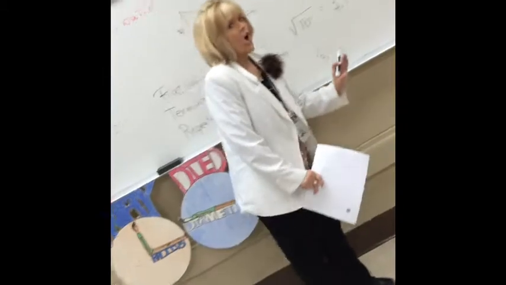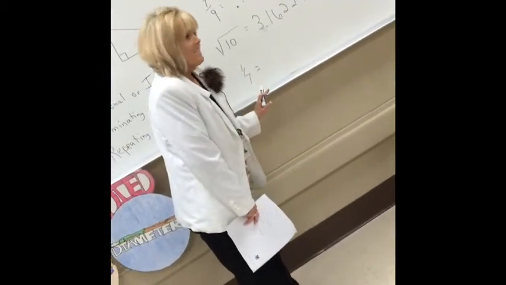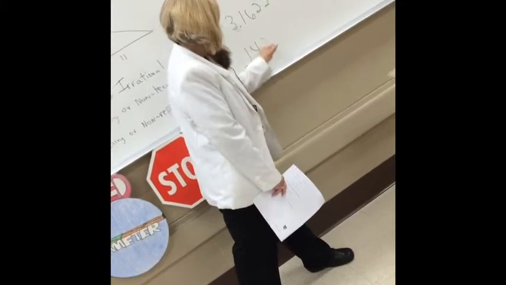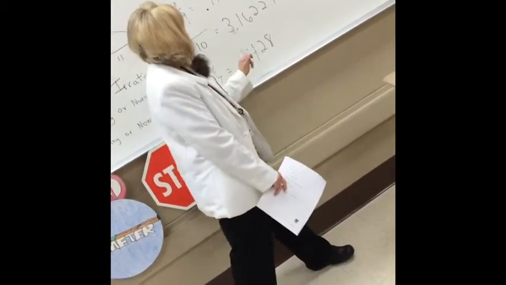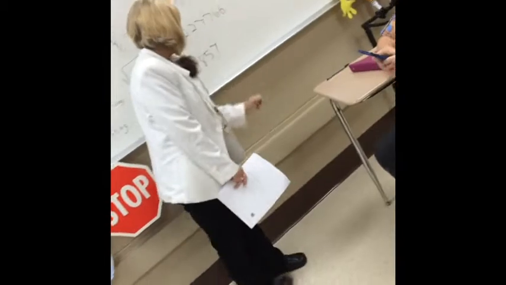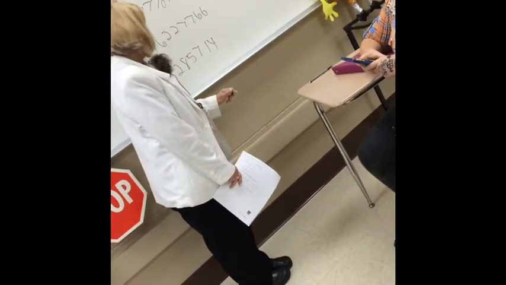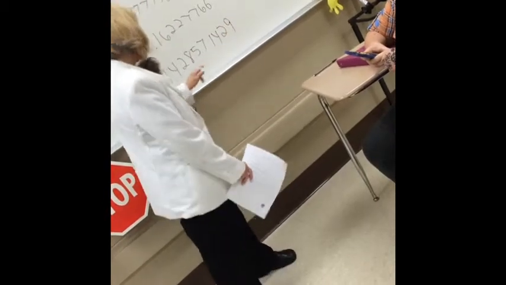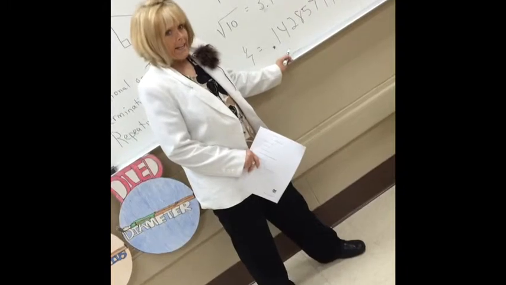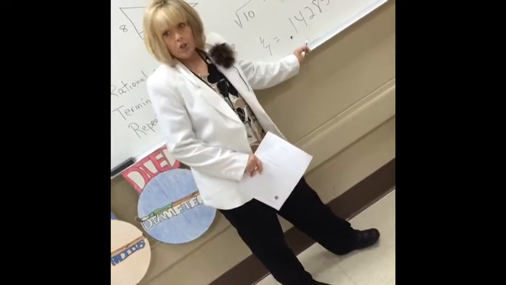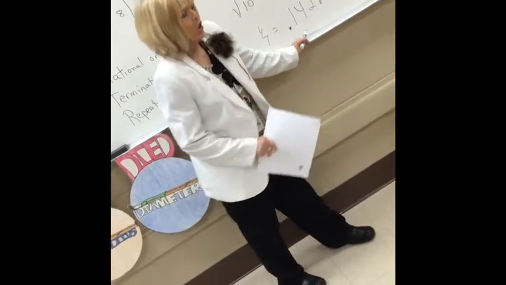One to go, and this is the hardest one. 1 divided by 7. What is it? 0.142857 and so on. At first glance, does that look like it repeats or not? It looks like it does not, but it does. Look at the 9.